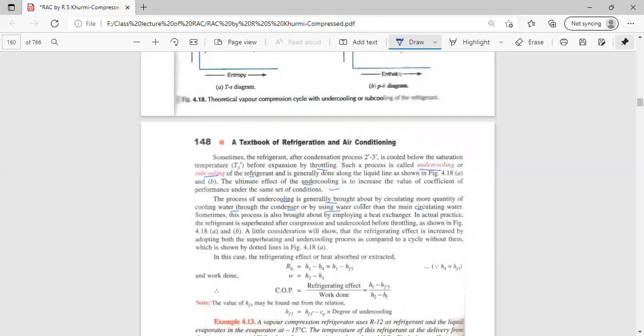So to make the subcooling, we have to circulate more cooling water so that we can absorb more heat, or instead of using circulating water, we can use cold water to absorb more heat during the heat exchange process. This process can also be brought about by employing a heat exchanger. In actual practice, the refrigerant is superheated after the compression and undercooled before throttling.